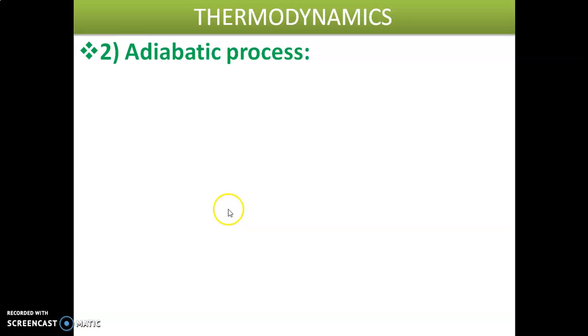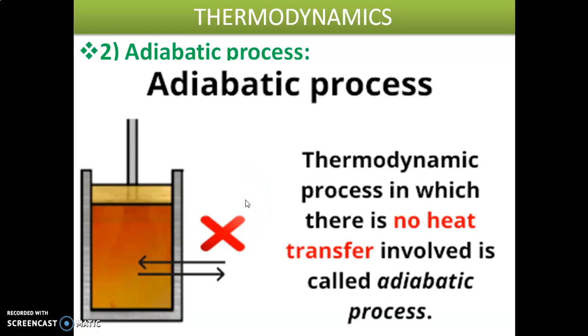So in an adiabatic process, no heat leaves and no heat enters the system. It means the system will not receive any heat and will not give out heat to the surrounding. I hope you understand the definition of the adiabatic process.